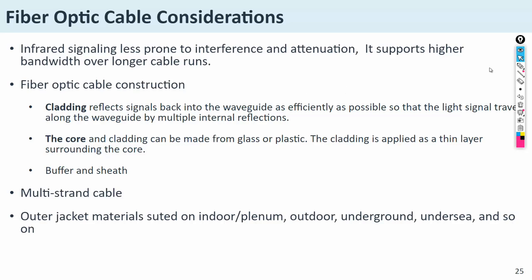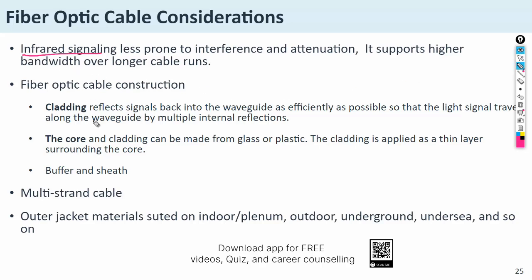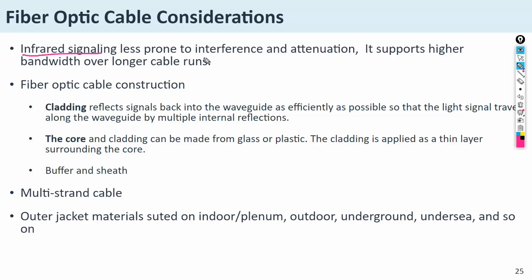Actually, I told you already, it uses infrared signals. Infrared signals are perfect against any type of interference and attenuation, meaning there is less attenuation and no interference, because light is not affected by the electromagnetic field or other types of fields.